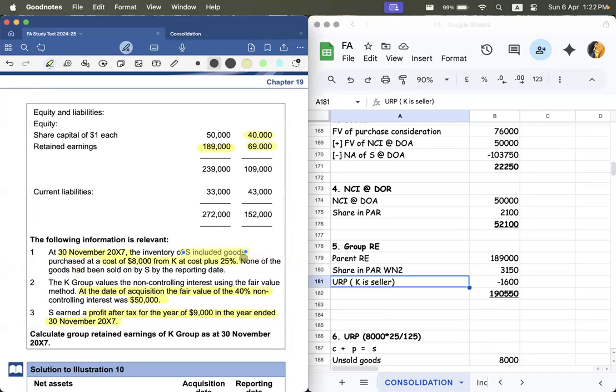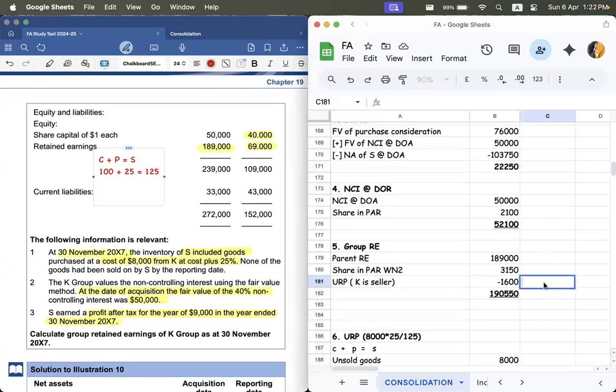So you calculate the value. I'm going to mention it here so you can brush up as well. It is a markup basis. We know cost plus profit equals selling price. So cost is 100 for the markup and the percentage given is 25, so 125. Now you need to find the URP.